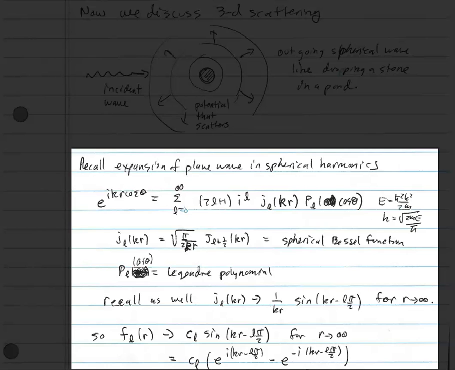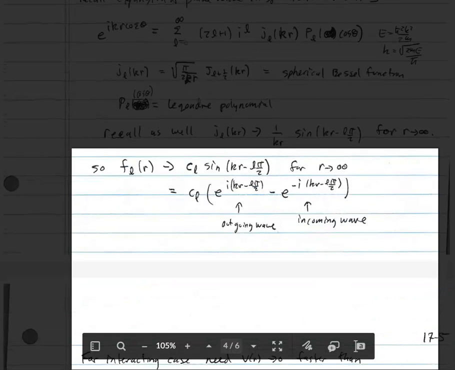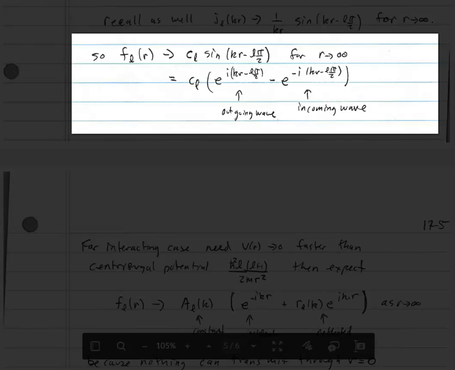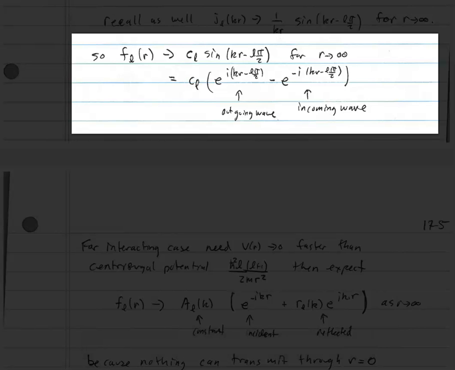Remember, f_L is r times the radial wave function, so that got rid of the 1 over r dependence in the j_L. And I can rewrite that sine as a difference of the two exponential factors with the opposite signs in the exponents. The one that has a positive sign is the outgoing wave, and the one that has the negative sign is the incoming wave.